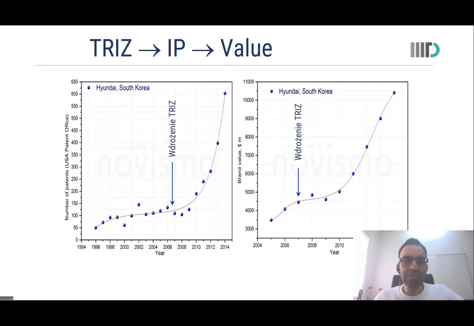So what we are essentially saying over here is that there is an empirical correlation between the inventiveness or the number of patents that a company files, or the kind of value that a company adds in terms of new IP, and the value as it is perceived by the customers and by the markets. There would be a time lag involved because you file a patent and then it takes some time for you to industrialize it, productize it, and bring it to the market for the market to accept it, and so on.